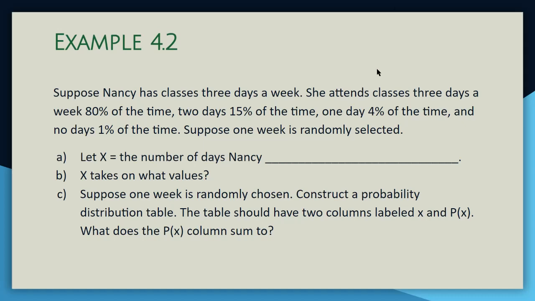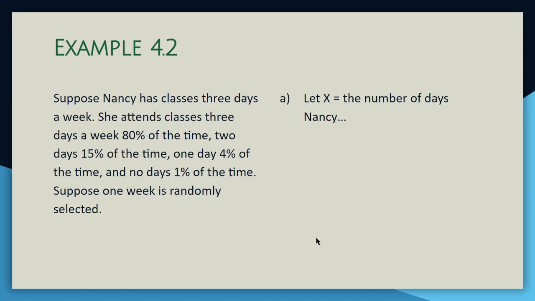So let's go ahead and start with number 1. Let X equal the number of days. And if we go back to this problem, the second sentence gives us all of that information. She attends class 3 days, 2 days, 1 day, no days. So our random variable is counting the number of days that Nancy attends classes.